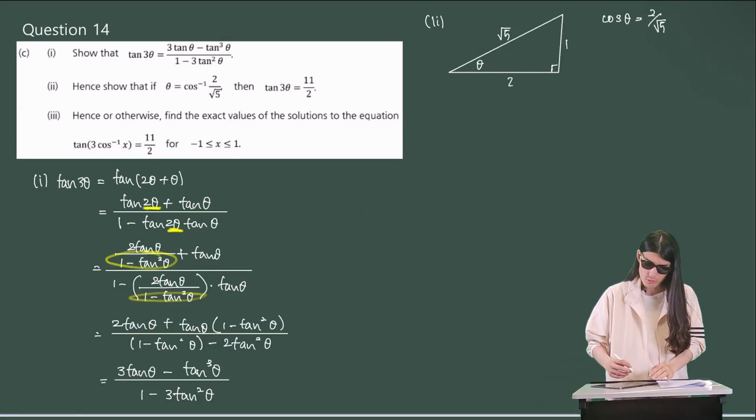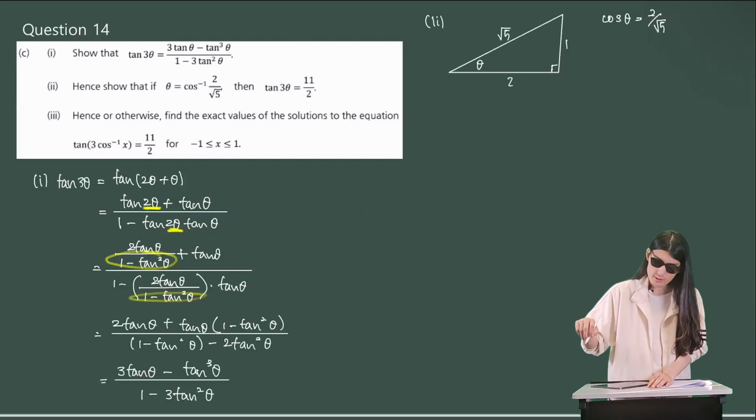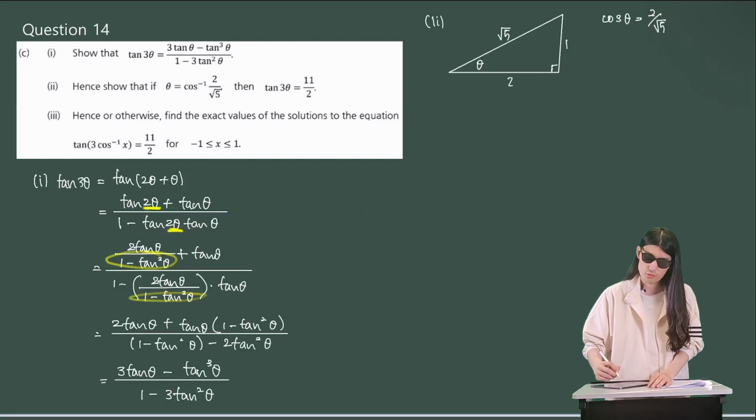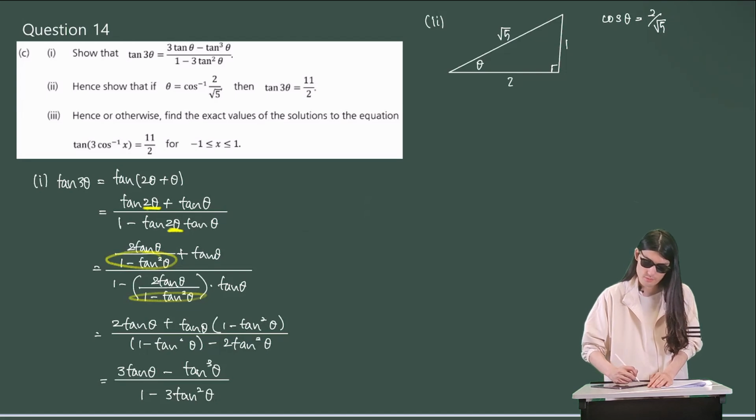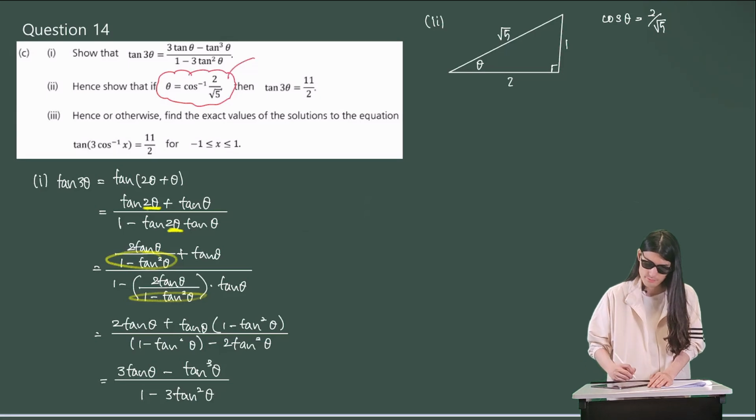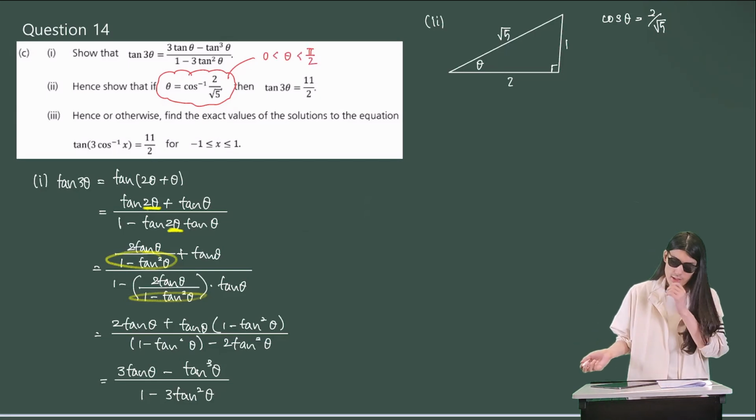And we also know that since theta is cos inverse 2 on root 5, okay, we also know from this given information that theta is an acute angle.